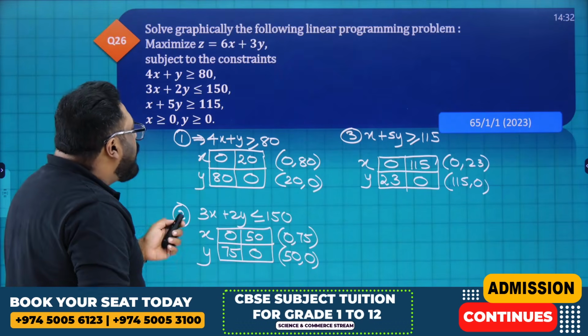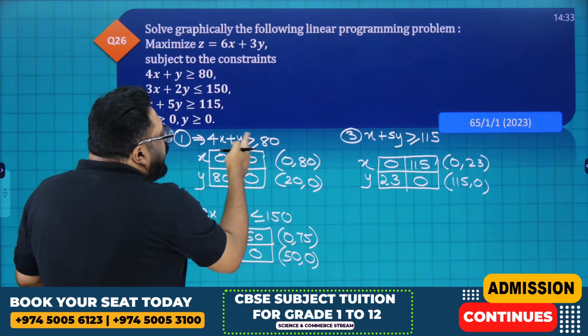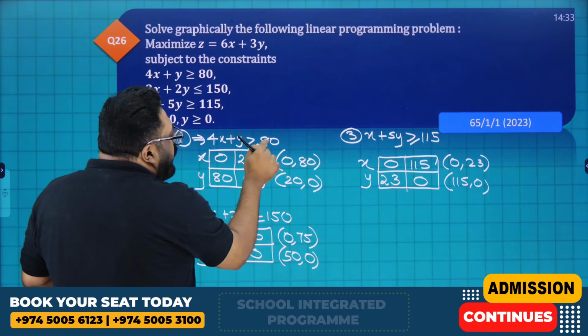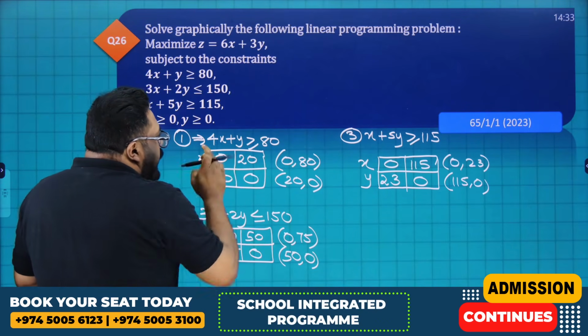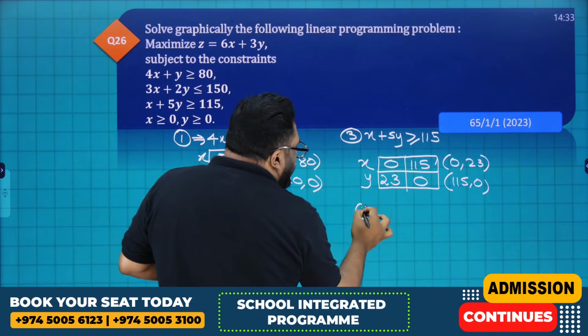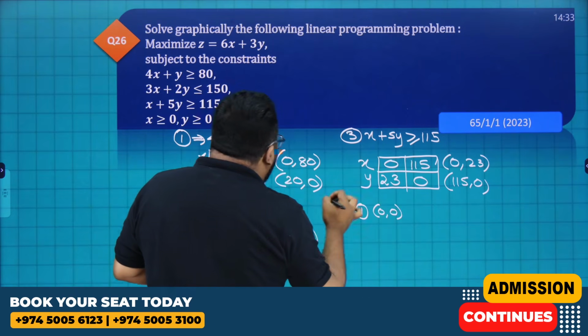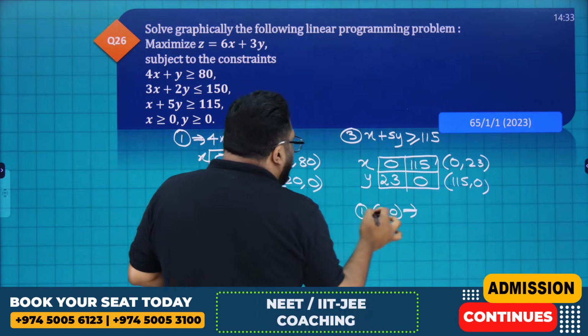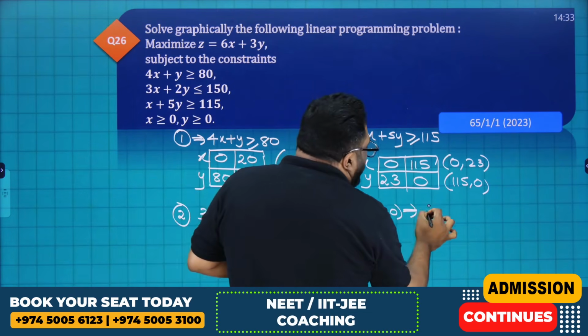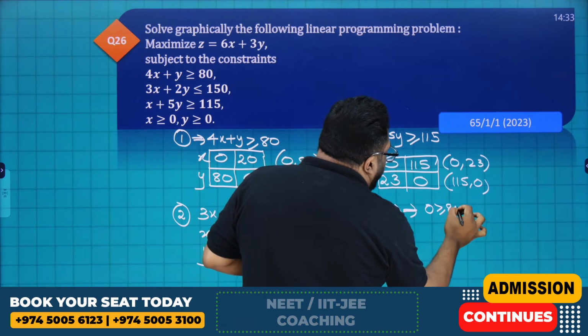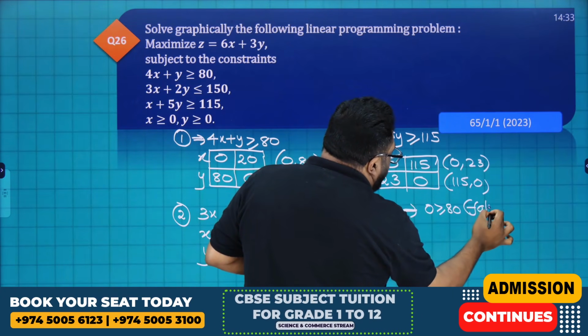So all of you, let's go for the equations now. Try to put the origin here. If I put (0, 0) in equation number 1, you will get 0 greater than or equal to 80. That means it is false.